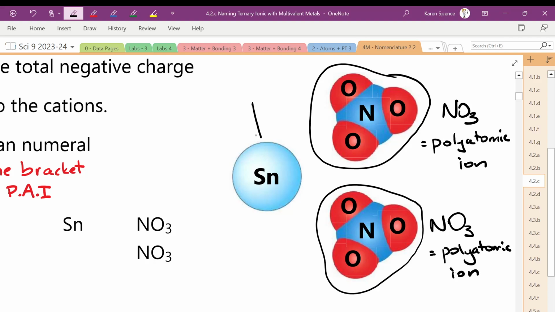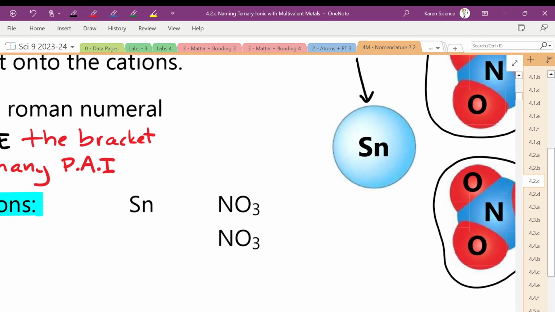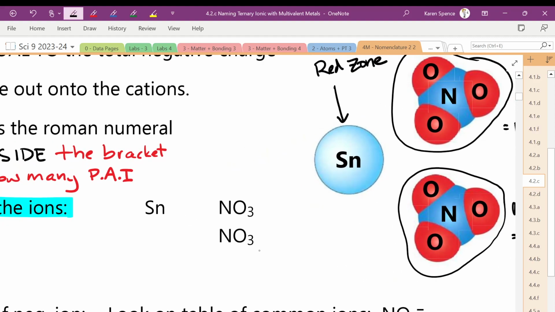And we have Sn, which is in the red zone. So that tells us that we're going to need to use our green sheet or our pink sheet to find the polyatomic ion's charge and name. And then we will also have to find the Roman numeral. So here we have written 1 Sn and 2 NO3s.